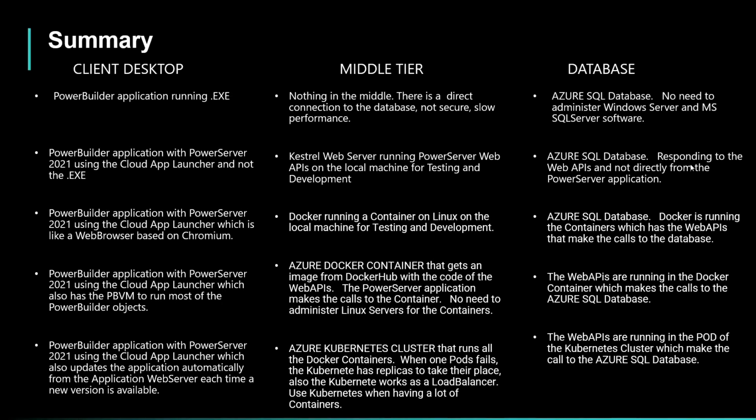It responds to the web APIs and not directly from the PowerServer application. So it goes to the web APIs, and those web APIs make the call to the database.